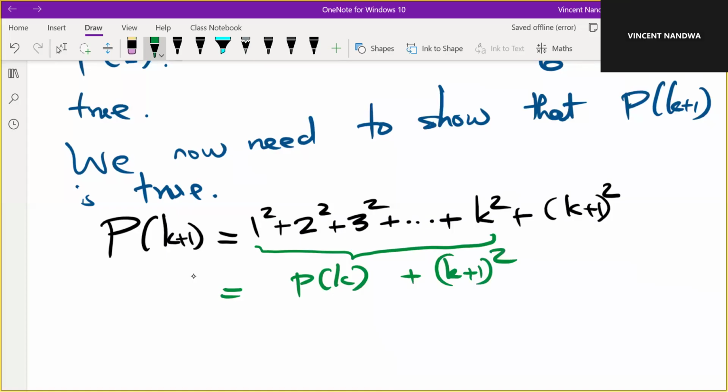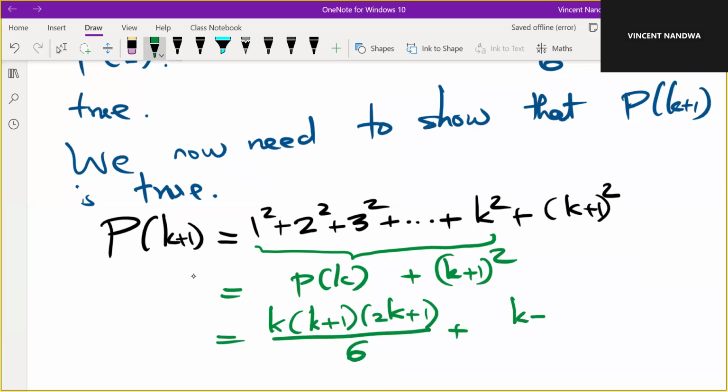And what is P of k? k into k plus 1 into 2k plus 1, divided by 6.